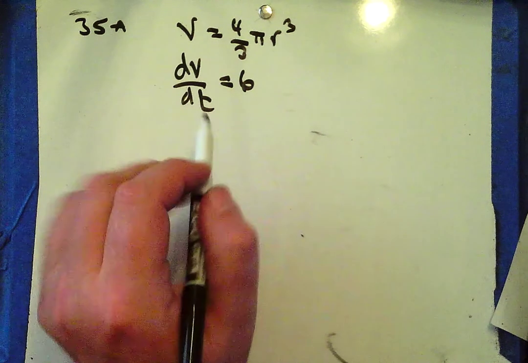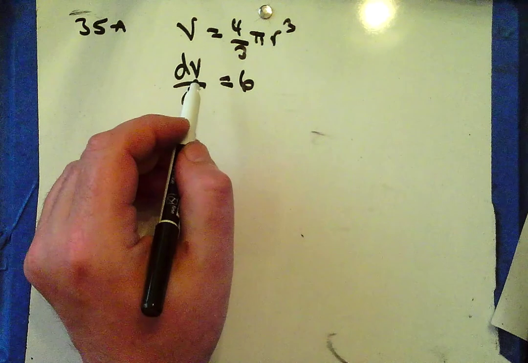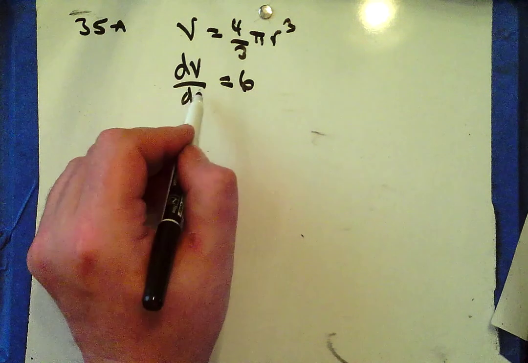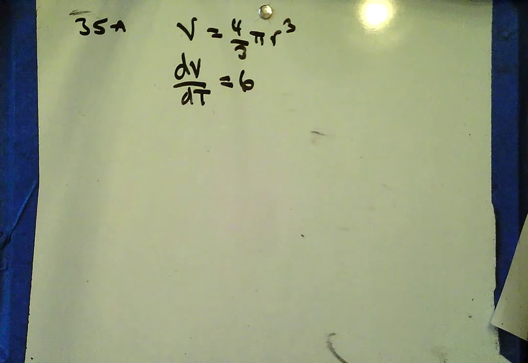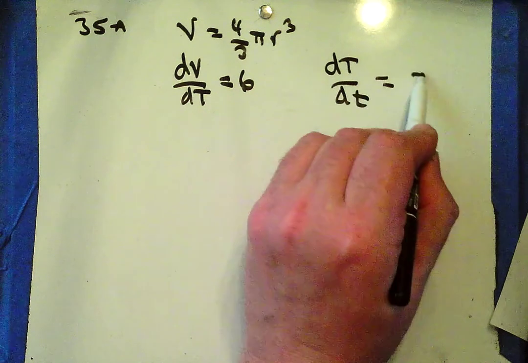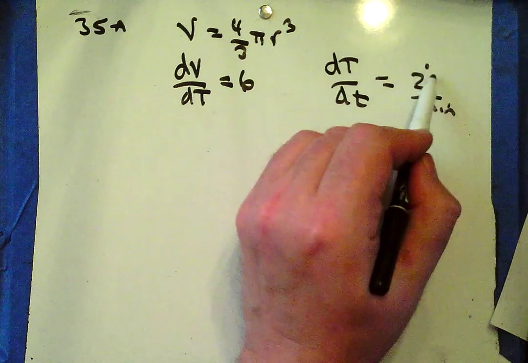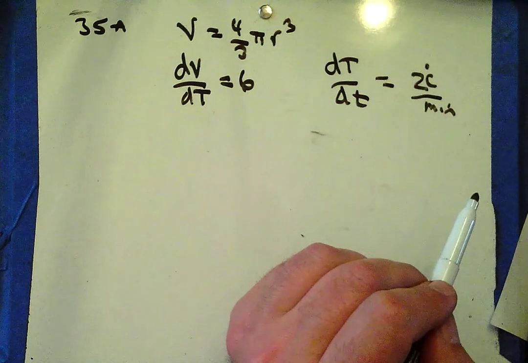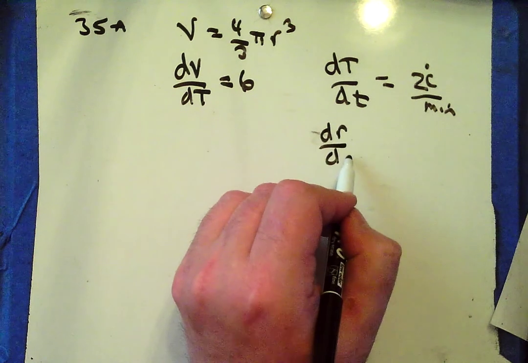Oh, with respect to temperature. Okay, let's be careful about that. If the temperature increases at a constant rate of dT dt, 2 degrees per minute, at what rate is the radius changing? dr dt.